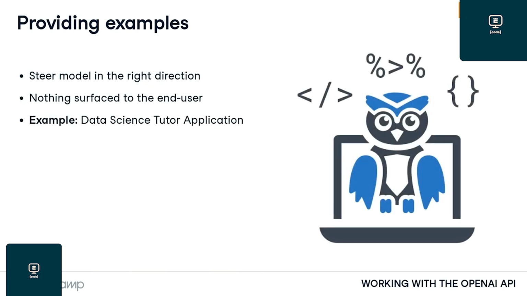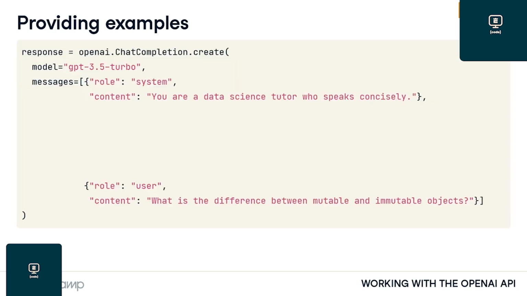If we created a data science tutor application, we could provide a few examples of data science questions and answers that would be sent to the API along with the user's question. Let's improve our data science tutor by providing an example. Between the system message outlining the assistant's behavior and the user's question to answer, we'll add a user and assistant message to serve as an ideal example for the model.